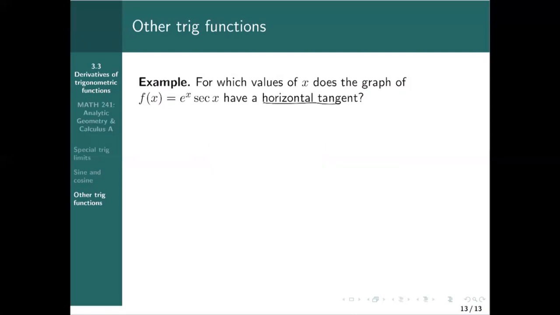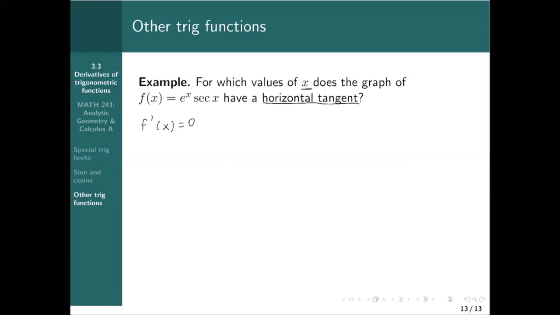So horizontal tangent means that the slope of the tangent line is going to be equal to 0. So it means that we have to set f prime of x equal to 0, and then find the values of x that make f prime of x equal to 0. That's what the question is asking.